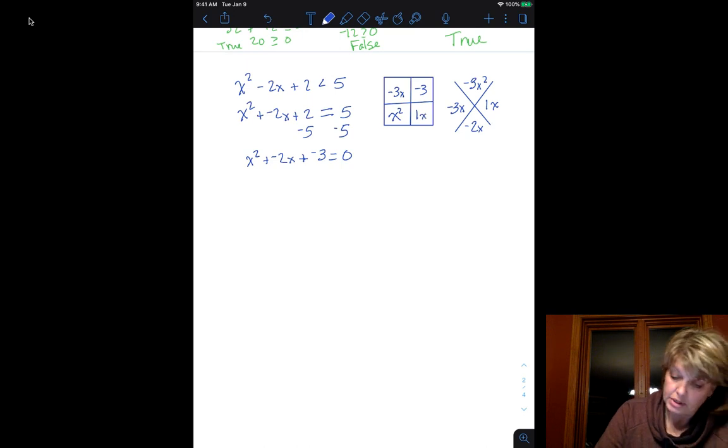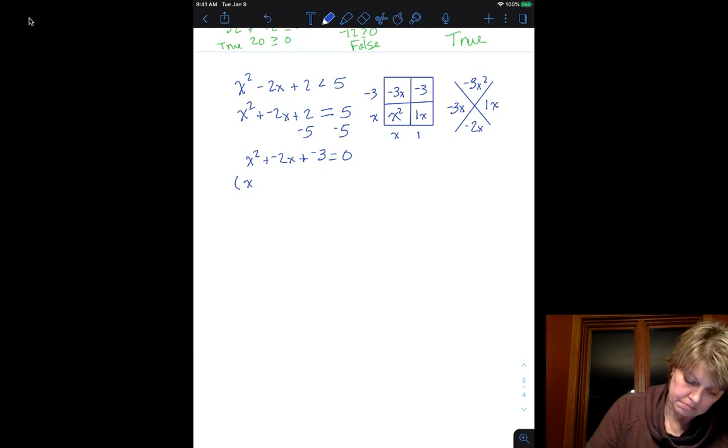It doesn't matter how long it takes you to do that, just make sure you can factor. So we have the quantities, finish this first. X, pull out a 1, pull out an x, pull out a negative 3. Make sure that all works, yep.